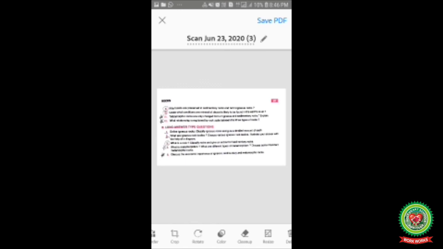Question number 3, describe the currents of the Pacific and Atlantic Ocean. Question number 4, describe the currents of the Indian Ocean and discuss the effects of monsoon on them. Illustrate your answer with maps.